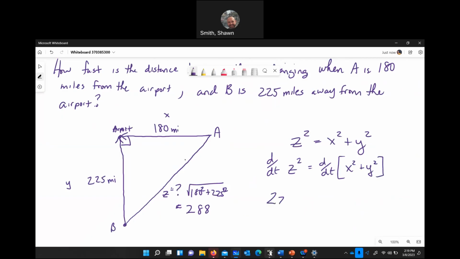This would be 2z dz/dt equals 2x dx/dt plus 2y dy/dt. We're given some rates of change for x and for y, and we're trying to figure out the rate of change for z.